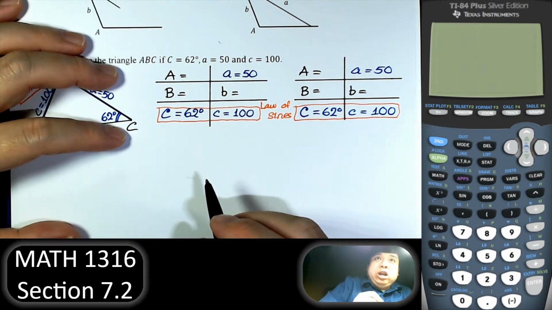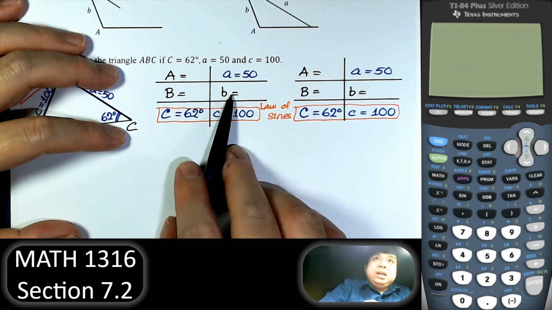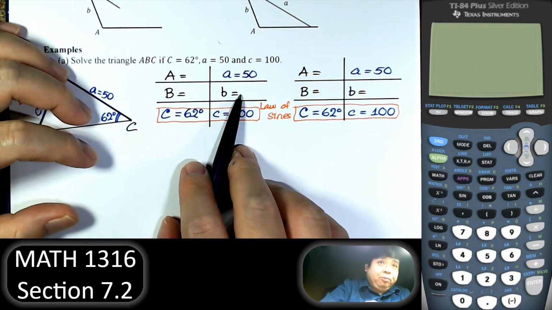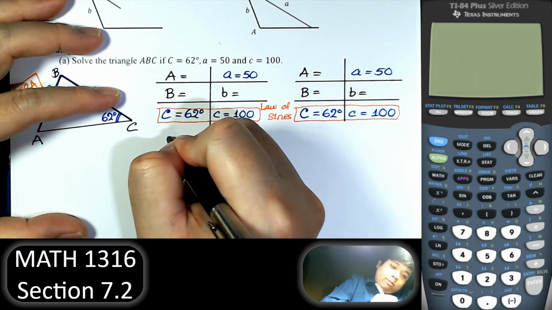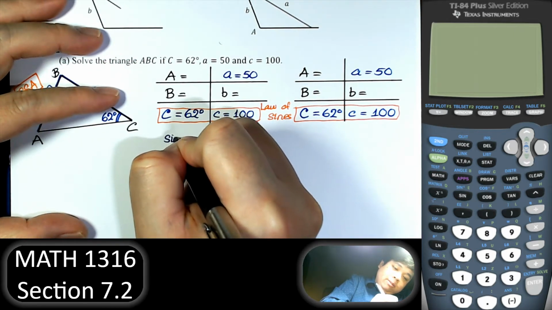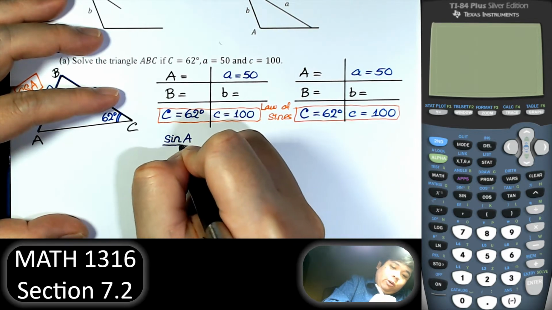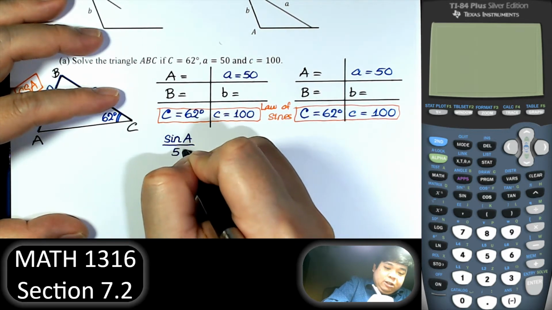Set up the ratio. One thing for sure, we're not going to use B because we don't know angle B, we don't know side b. That ratio is useless. So let's write out sine of angle A, which we don't know, over 50.